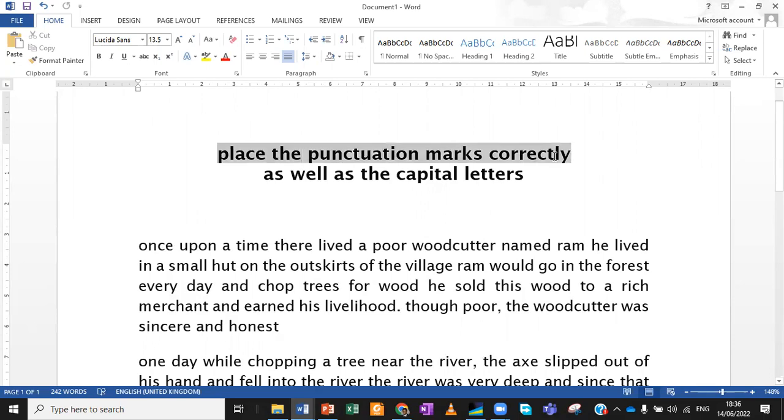So let's start from here. Can you read, please, and tell me what to do? Place the punctuation marks correctly, as well as the capital letters. Now, many things are wrong here, right? So what should I do first? The P should be a capital P. Good.